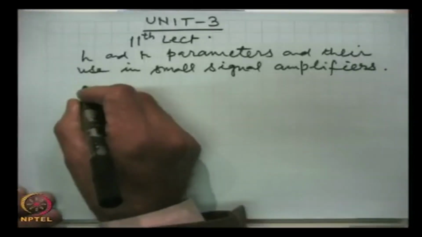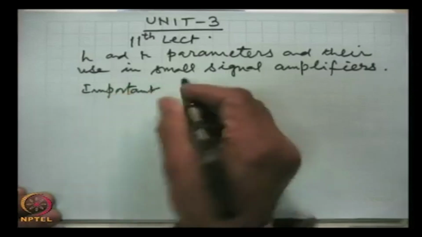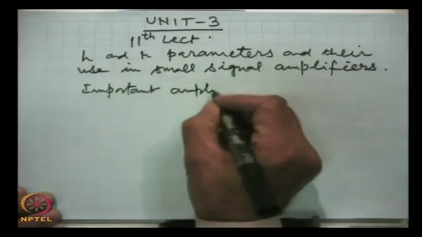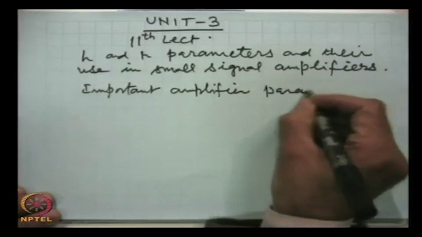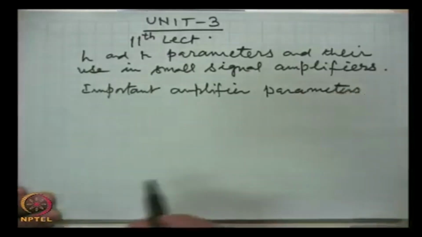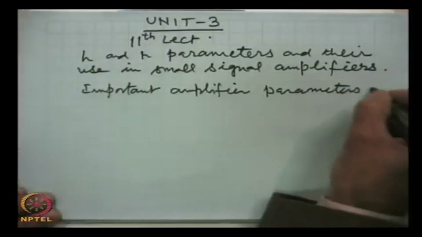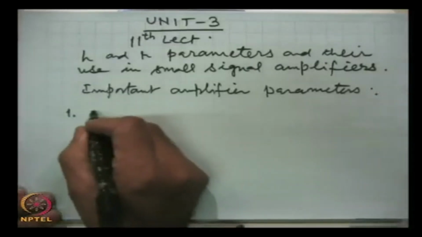Now, for an amplifier, there are 4 most important parameters. These are important amplifier parameters. One is the input impedance.